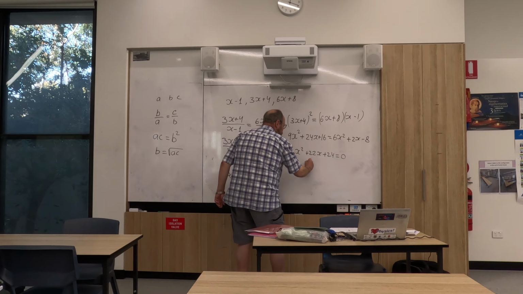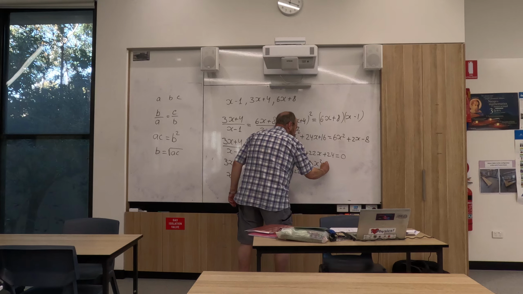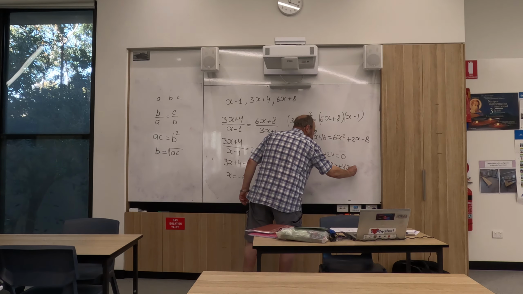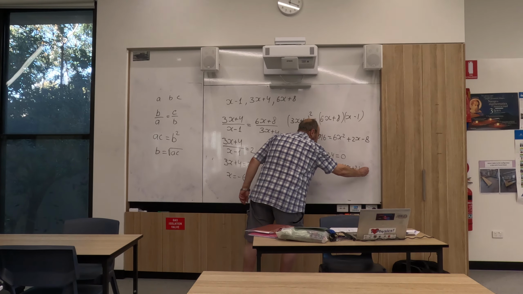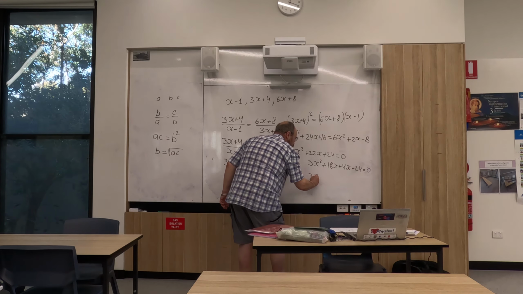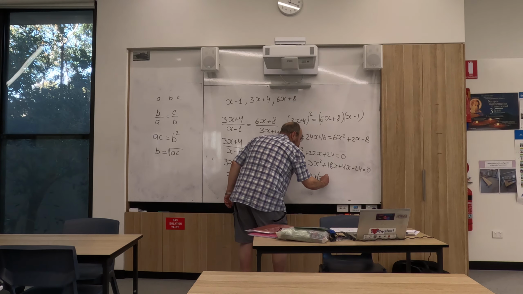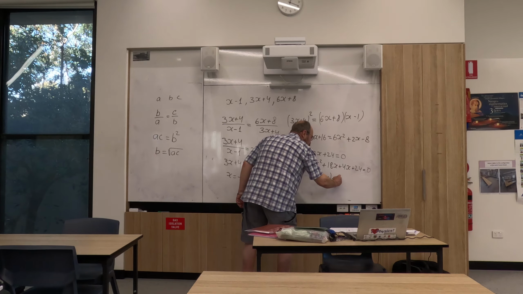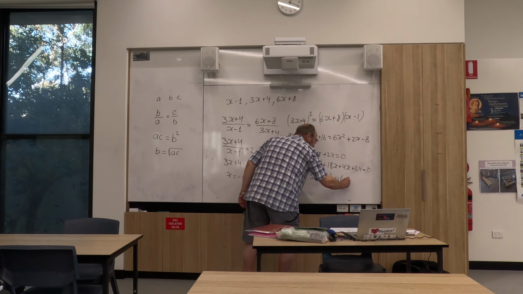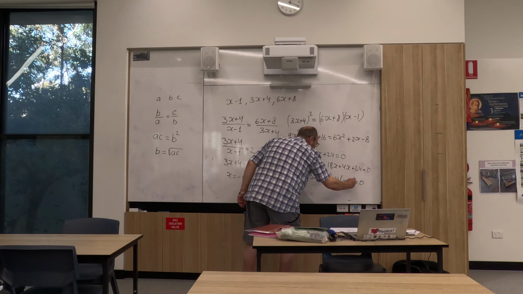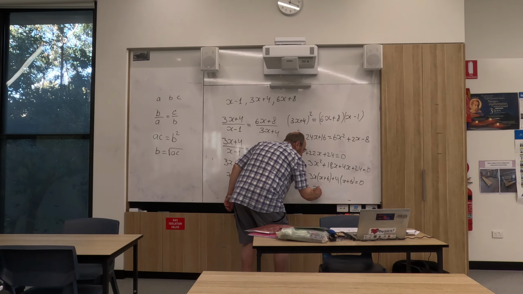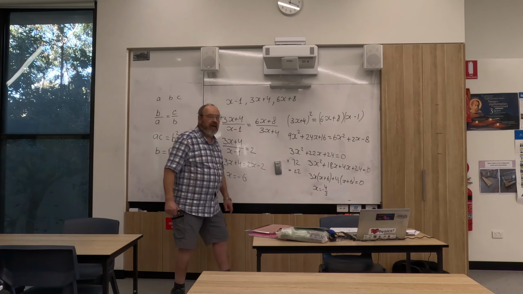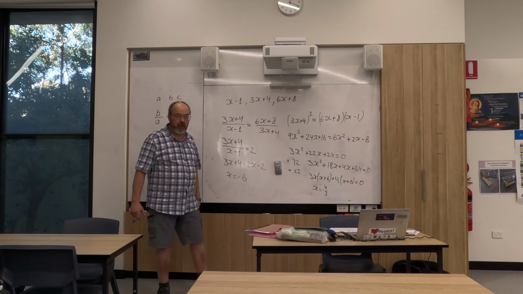So we can rewrite this as 3x squared plus 18x plus 4x plus 24 equals 0. So we have 3x times x plus 6 plus 4 times x plus 6 equals 0, and we get a second possible solution, x equals negative 4 on 3. Very good observation. There are two solutions.